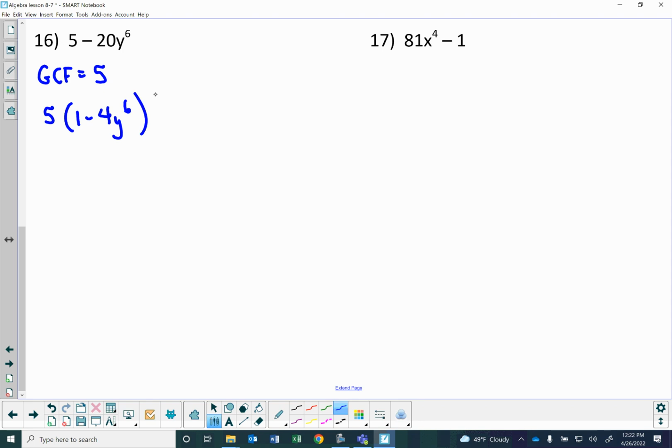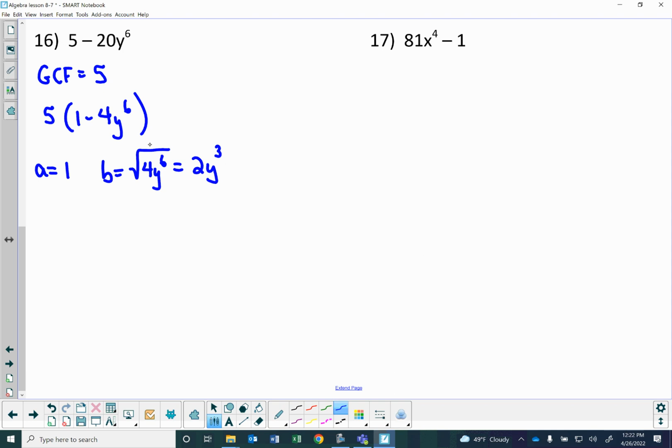And you're like, okay, the first term, 1 is a perfect square, 4 is a perfect square. Is y to the 6th a perfect square? All you have to do to determine if a variable is a perfect square is ask, is it divisible by 2 evenly? 6 is divisible by 2, so yes, it's a perfect square. All you're going to do is always divide it by 2. So my a term is going to be 1, because the square root of 1 is 1. My b term is going to be the square root of 4y to the 6th, which is 2y to the 3rd.